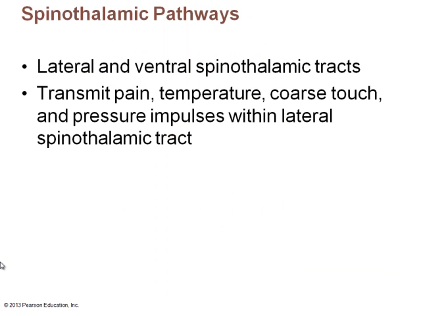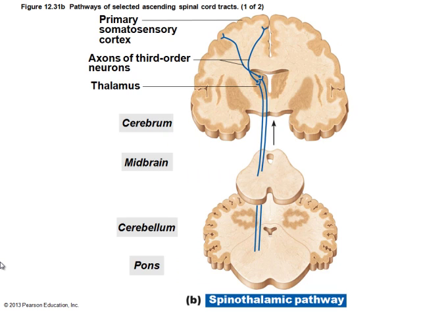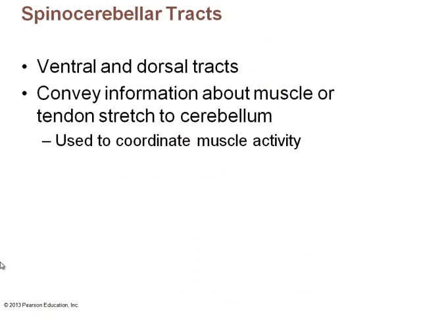Spinothalamic pathways, again, description of pathways that get crossed over from one side to the other with a description of some of the first order and second order neurons. I'm not going to make you memorize that, so don't worry. Spinocerebellar tracts are going from the spinal cord to the cerebellum.